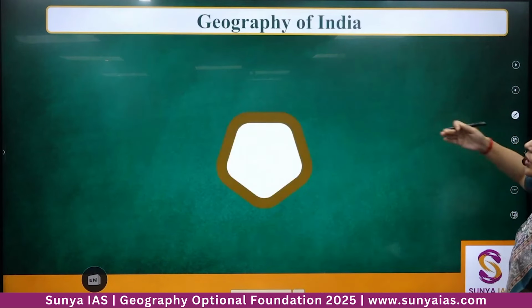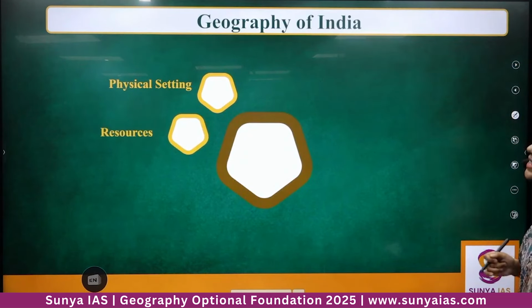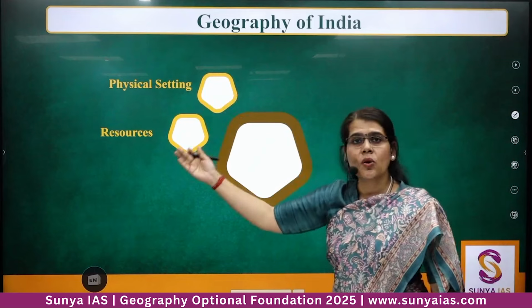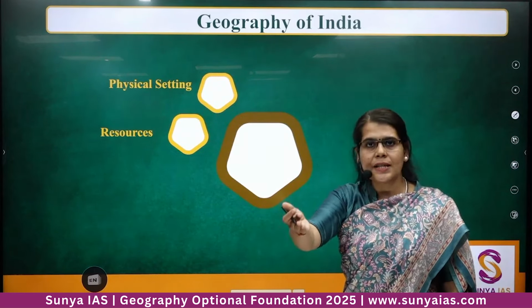Then let's come to the next paper, that is paper 2, which encompasses the studies around physical settings, resources, okay, which also have a huge applicability in the GS papers, which we will learn subsequently.